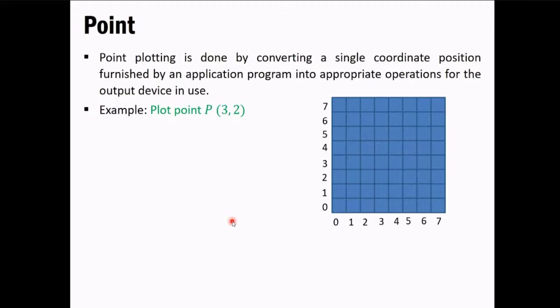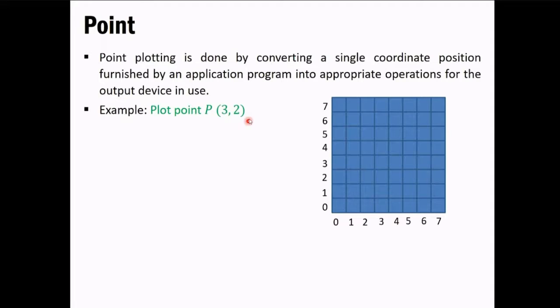If we want to continue with building or drawing a circle or a line, we need to know the very basic fundamental of a point. A point is made up of two values. The first value you can see here is 3 and the other value is 2.